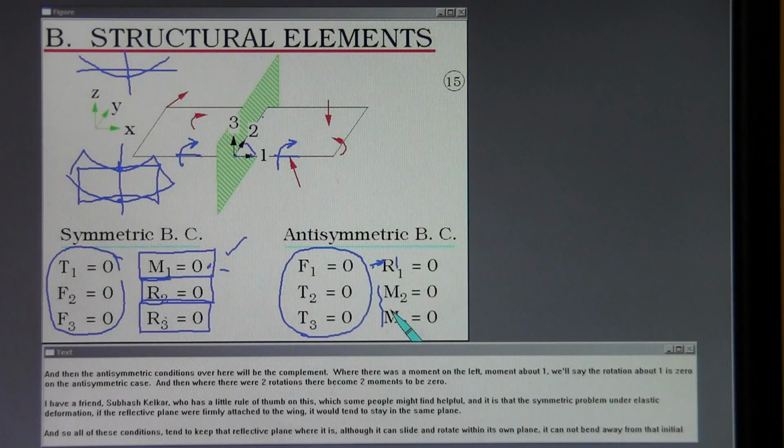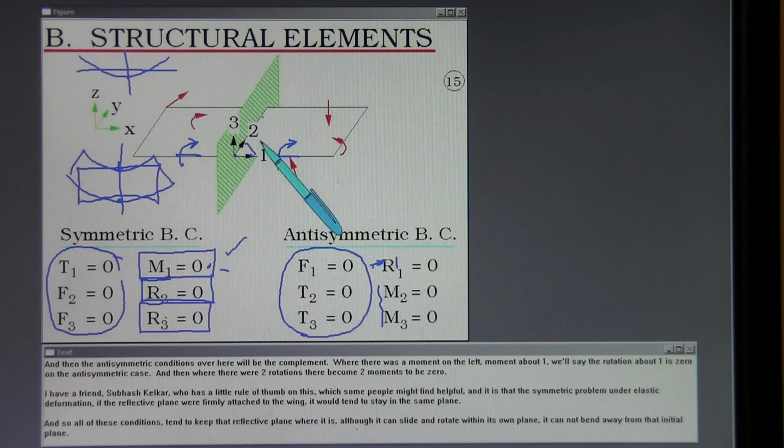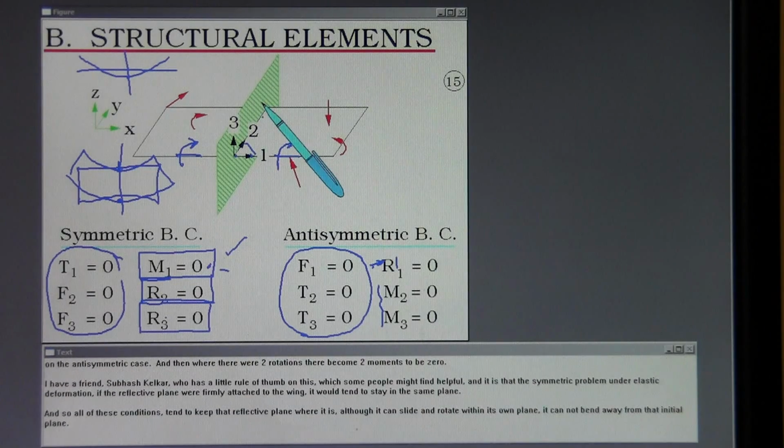I have a friend, Subhash Kelkar, who has a little rule of thumb on this, which some people might find helpful, and it is that the symmetric problem under elastic deformation, if the reflective plane were firmly attached to the wing, it would tend to stay in the same plane.